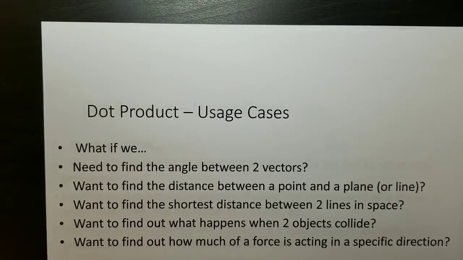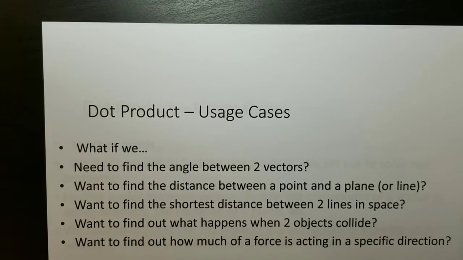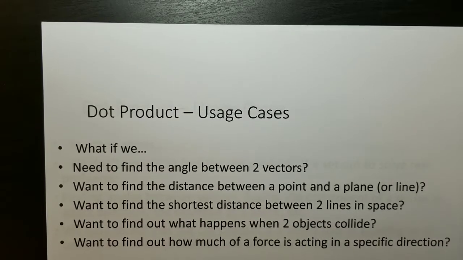Especially when we get into Unit 3, when we're looking at lines and planes and shapes in 3 dimensions, the dot product is going to be incredibly useful in calculating things about vectors and 3-dimensional space.